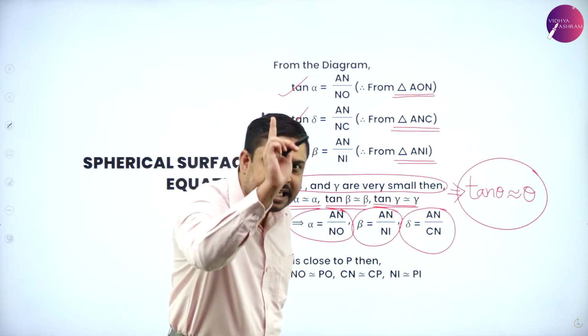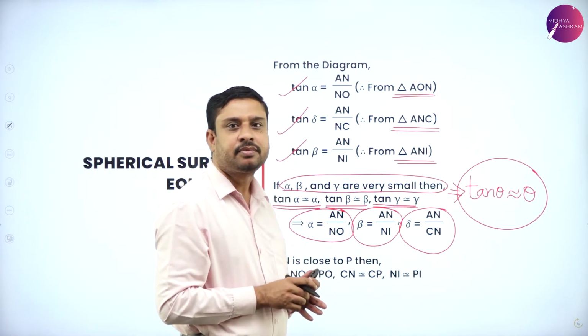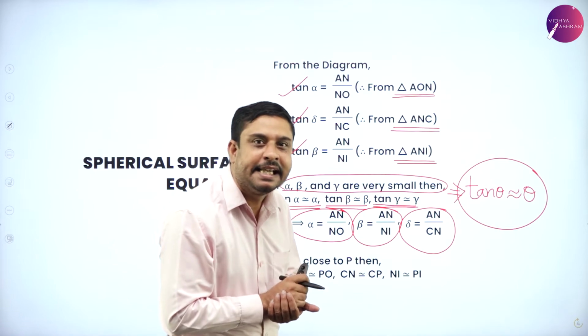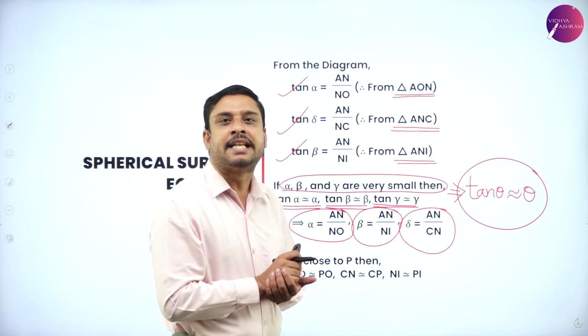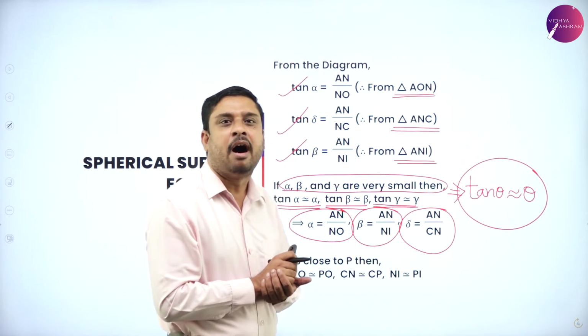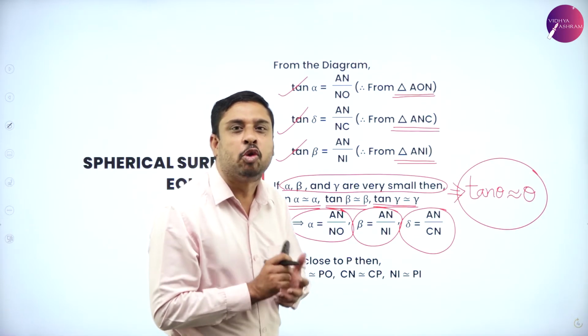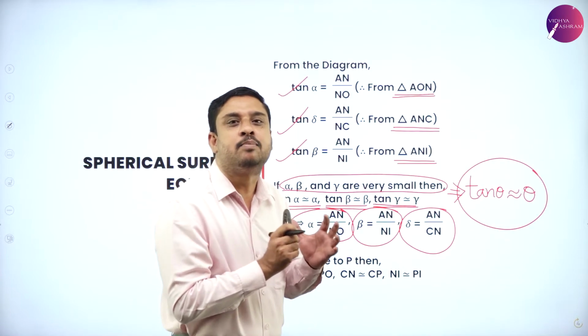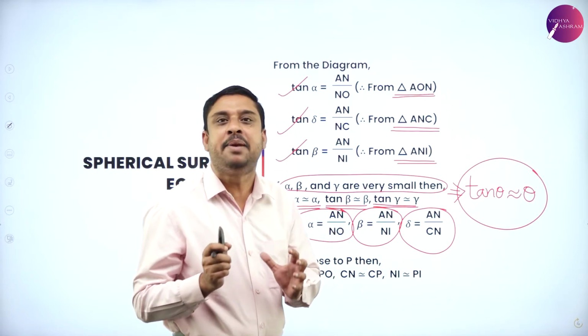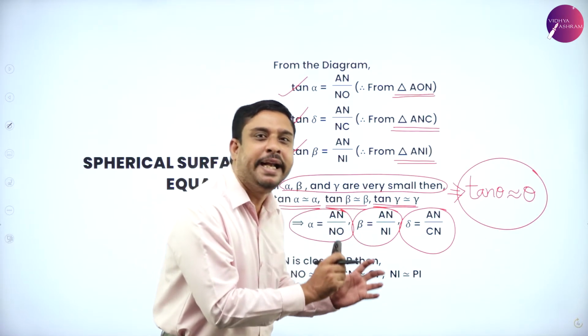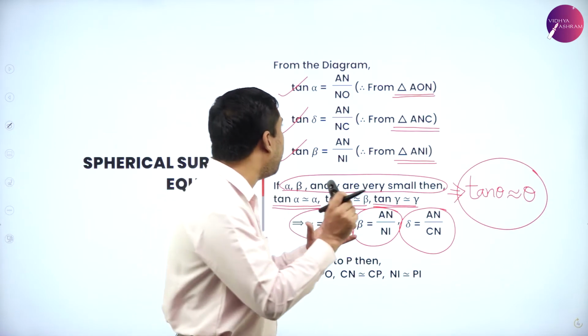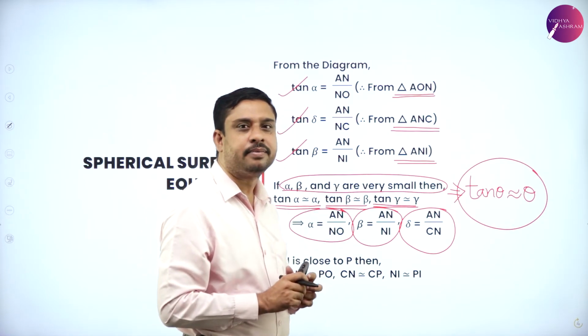And all these things will happen only under the assumption that alpha, beta, and gamma are very, very small. So tan alpha becomes alpha, tan beta becomes beta, tan gamma becomes gamma.